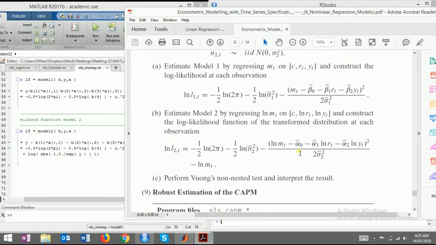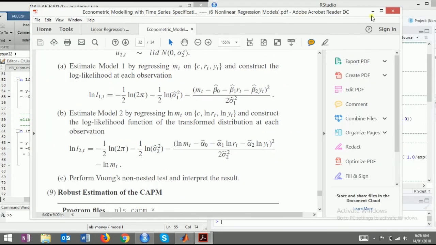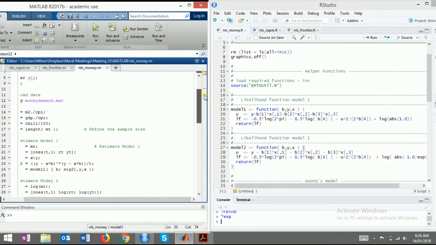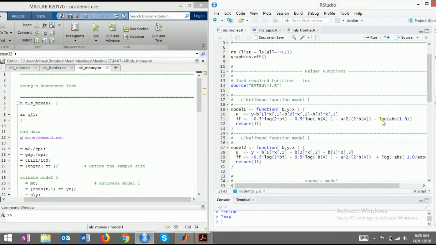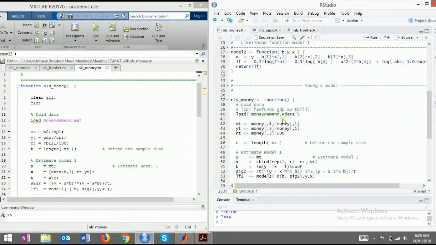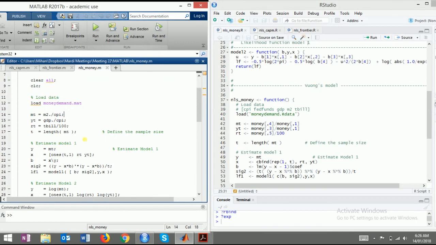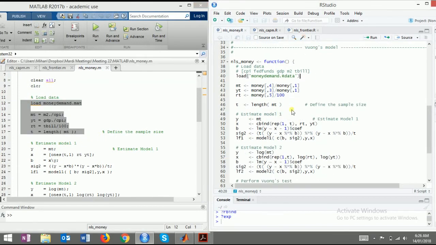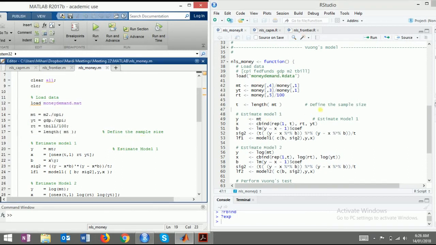Each observation. Let's see what the test is. So first we bring in data. Simply money is divided by consumer price index, GDP is divided by consumer price index, Treasury bill. We fix the data first. There is nothing to explain, we simply fix the data.